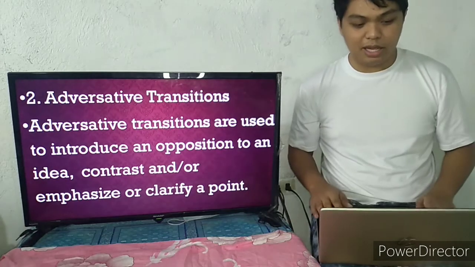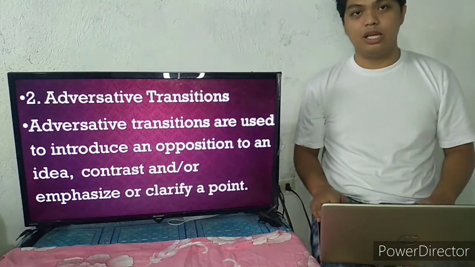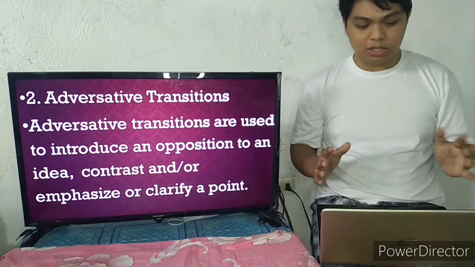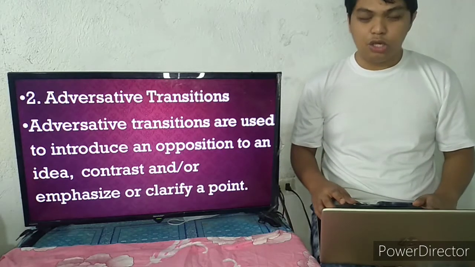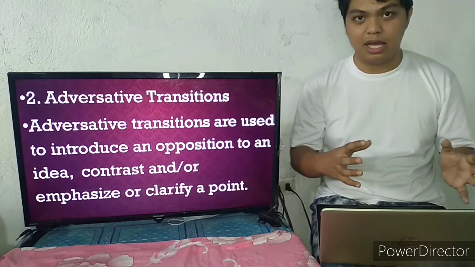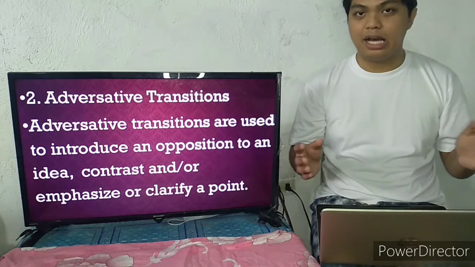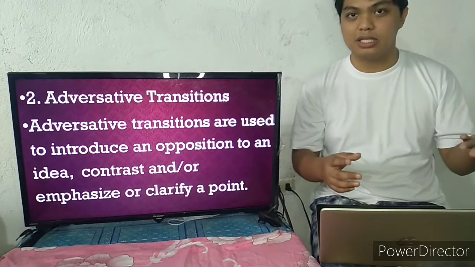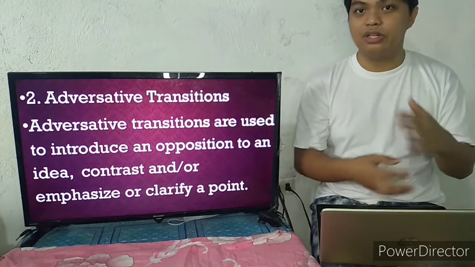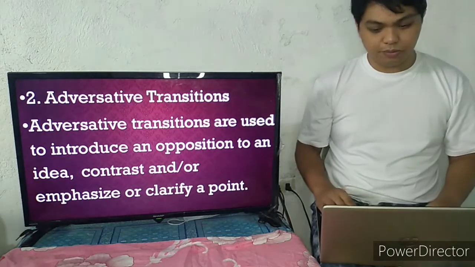So, ito yung example ng adversative transition wherein makaka-explain ka na ang formula ng adversative transition is positive plus negative. So, that is adversative transition.